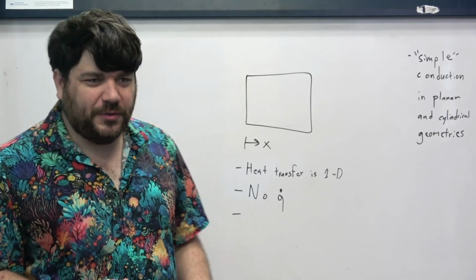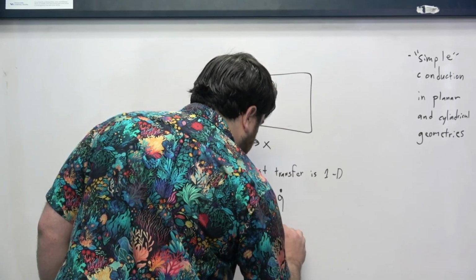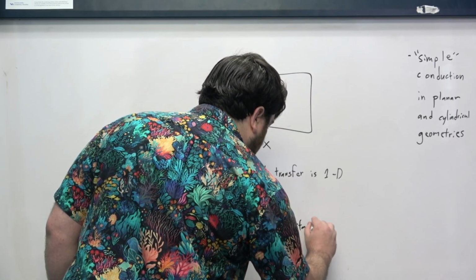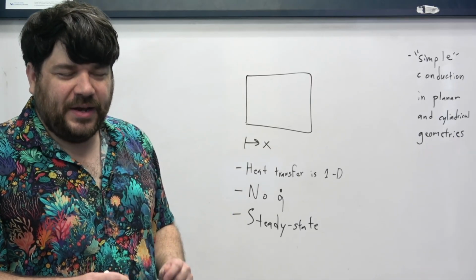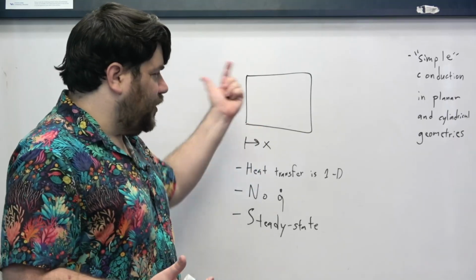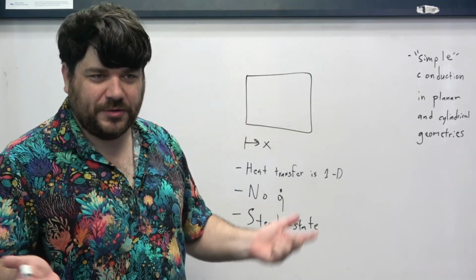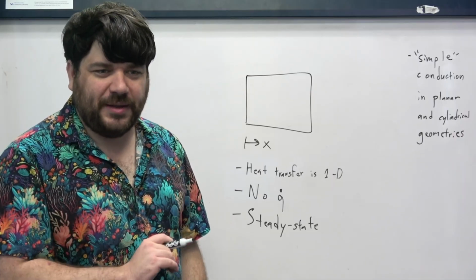We are also going to assume that the heat transfer is occurring in steady state. So there might be some thermal energy that's flowing through the wall, but it's happening in such a way that the temperatures and everything else that are properties of this wall or properties of the system that includes the wall, all of those things don't change over time.